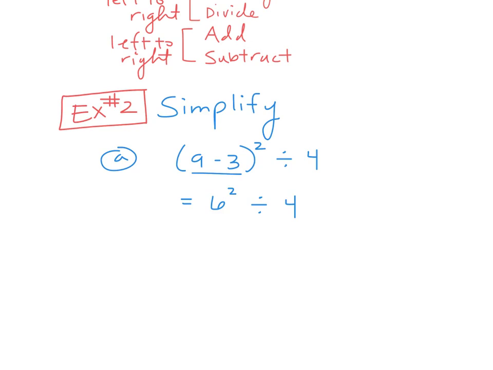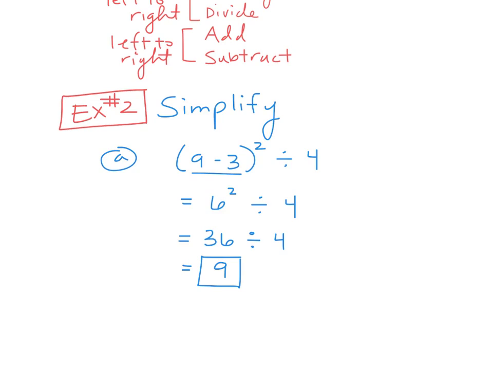The exponent. Okay, so my 6 squared would be my next step. Anyone know what 6 squared is? That's 36. Okay, so now we have 36 divided by 4 with only one step to go. So you divide. What's 36 divided by 4? It's 9. Okay, so your answer should be 9.